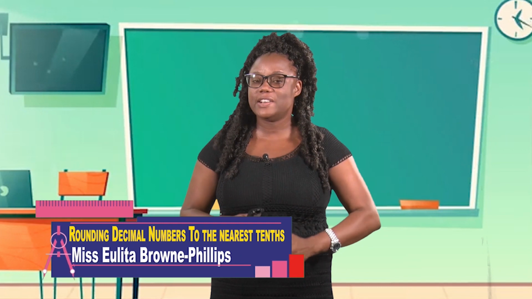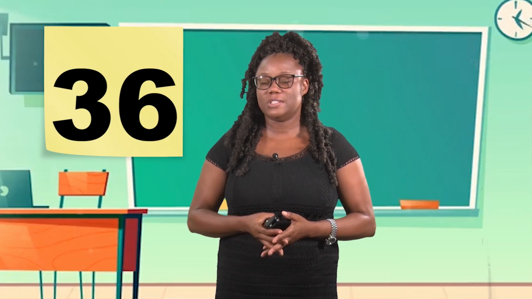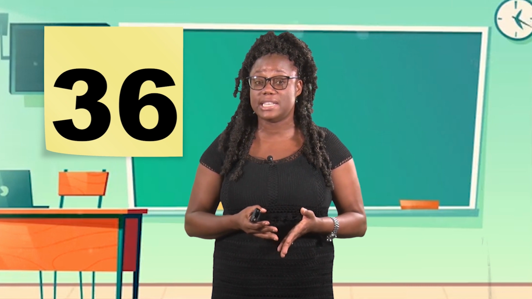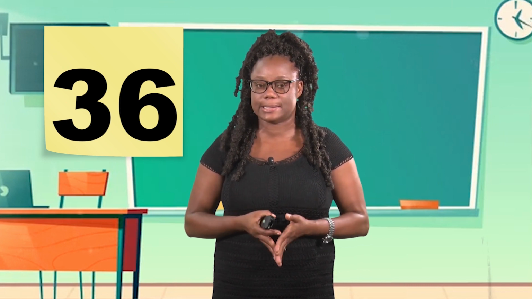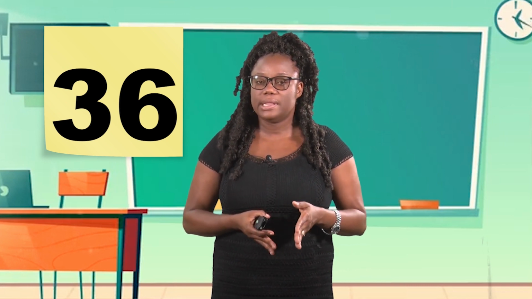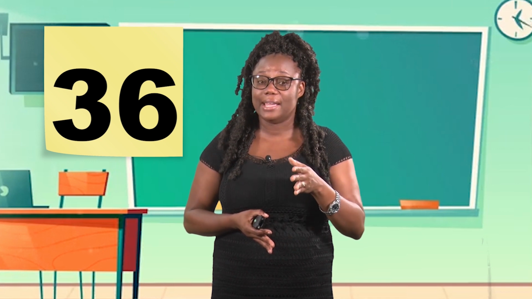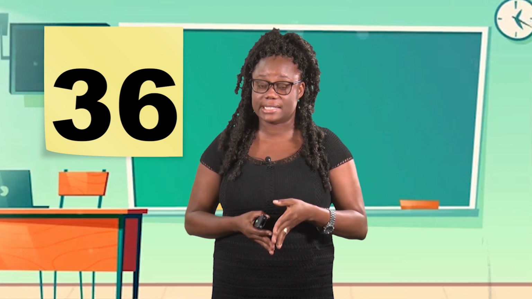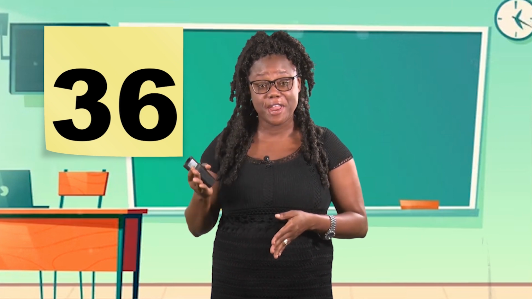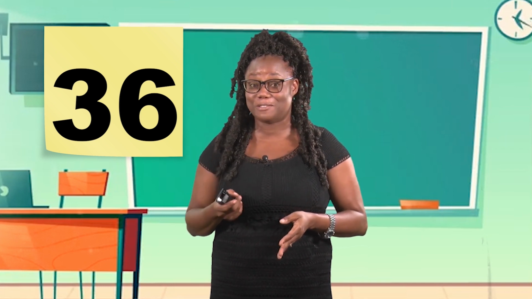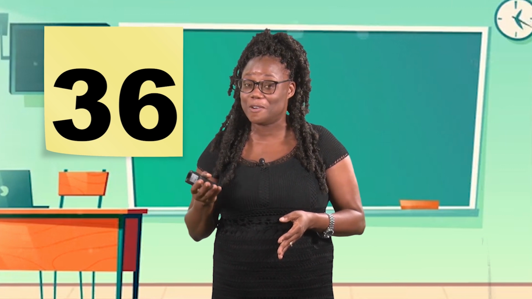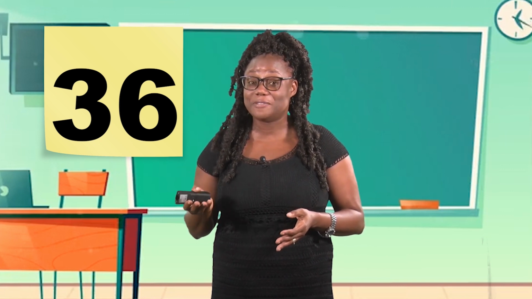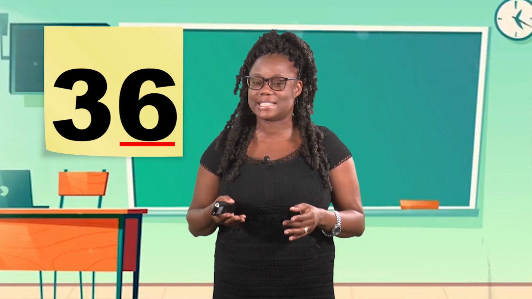So let's quickly look at this whole number. The whole number 36, we would like to round it to the nearest tens. So let's identify the place value we are rounding to, tens. Let's identify the number to the right of that place value, or the number that is hitting on the back door. The number that is to the right of that place value is 6.